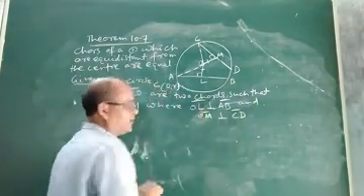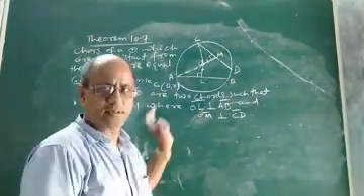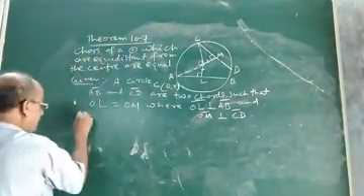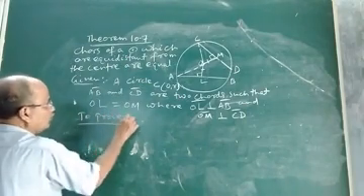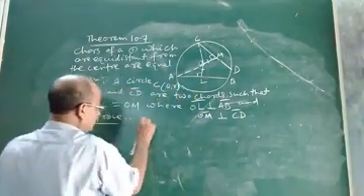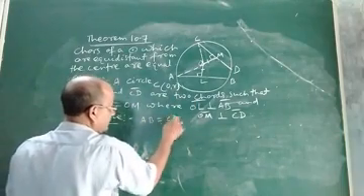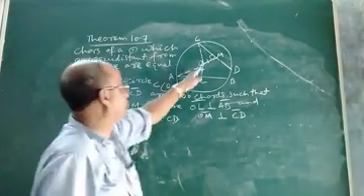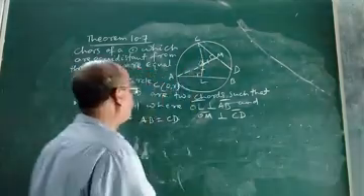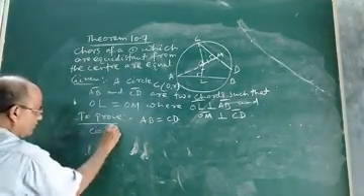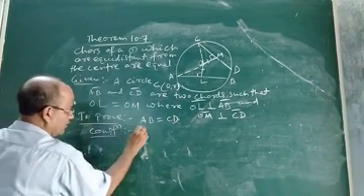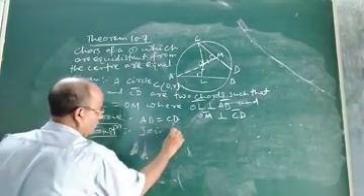This is given. So what do we need to prove? We have to prove that the two chords are equal, means AB equal to CD. For that you do the construction. Join OA and OC.